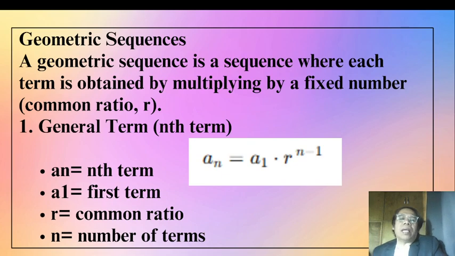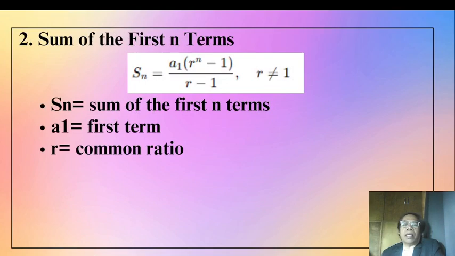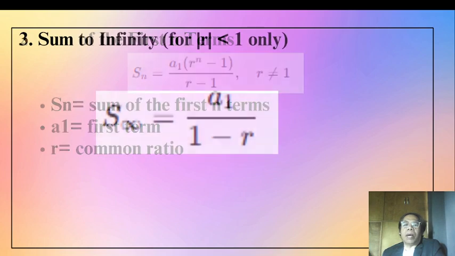And then the geometric sequence. A geometric sequence is a sequence where each term is obtained by multiplying by a fixed number, the common ratio r. So the general term, the nth term formula, is an = a1 r^(n-1). The sum of the first n terms is Sn = a1 (r^n - 1)/(r - 1), where r is not equal to 1.